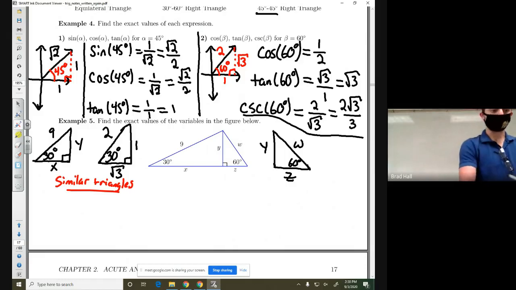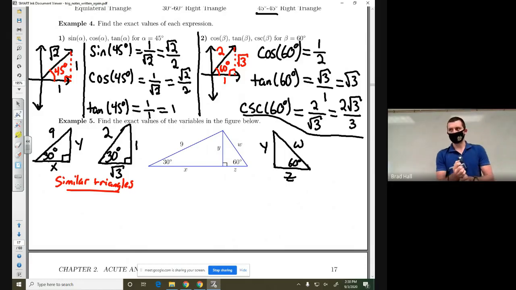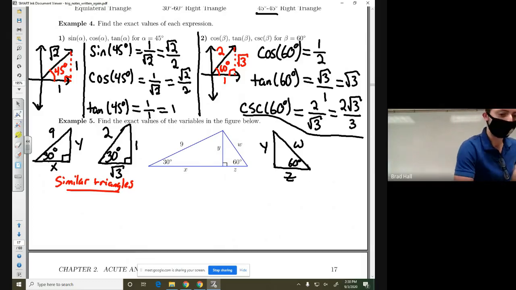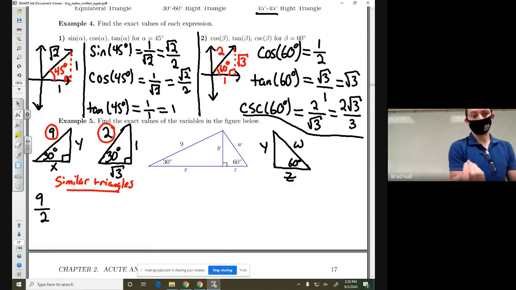And that's important because, like I said, the ratios of the corresponding sides are equal, which means that the ratio between 9 and 2 is going to be the same as the ratio of any other two sides.